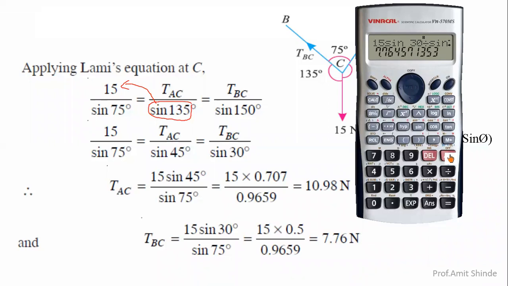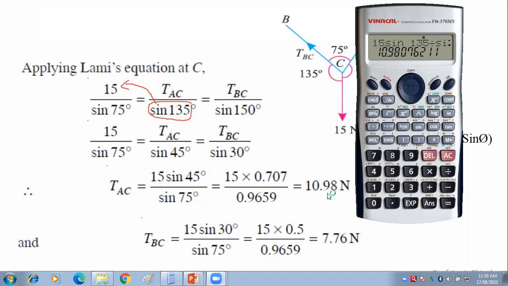Put the values. 15 sine 135 divided by sine 75. Your answer will be 10.98. The same answer, 10.98. There will not be any change in the value.